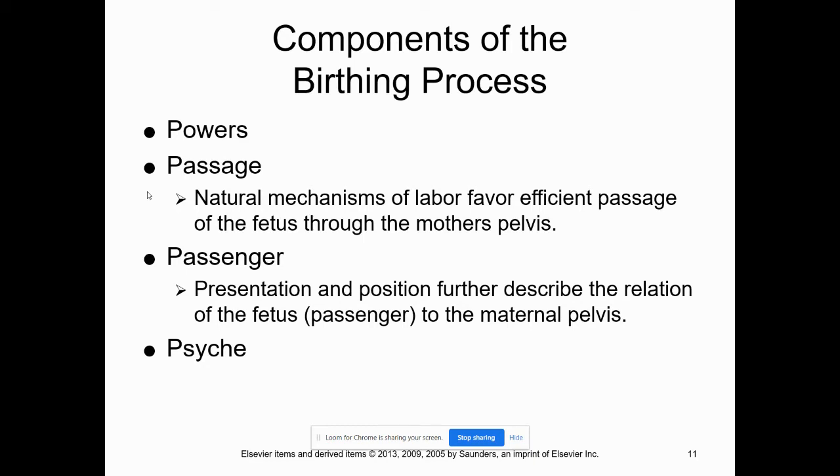There's the passenger itself, that's the fetus, but also the membranes and the placenta. The presentation and the position of the fetus is described in relation to the maternal pelvis. And then there's psyche, or the maternal state of mind, and we'll look at each of these closer.